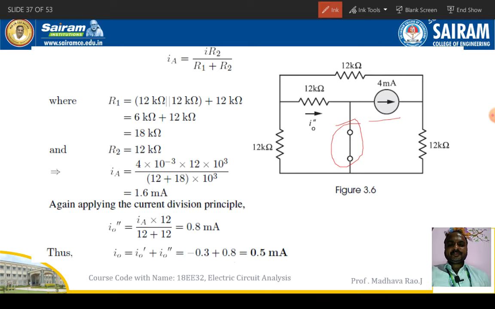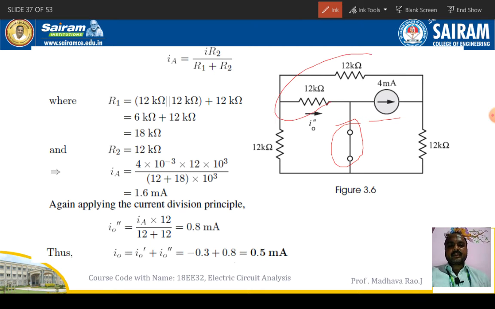Then I A is equal to I into R2 divided by R1 plus R2. So R1 is 12 kilo ohm plus 12 kilo ohm in parallel.